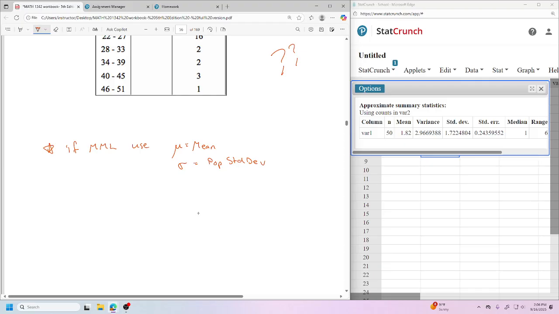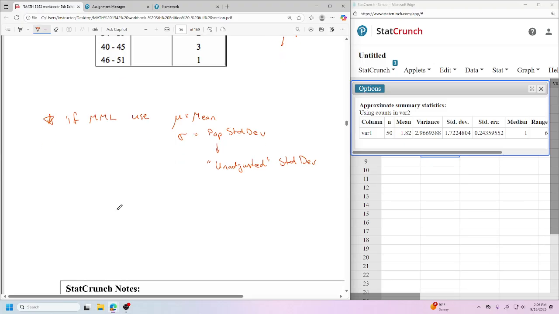We talked about how the population version needs to be the unadjusted. So if they use that little sigma, we have to use the unadjusted standard deviation in StatCrunch. That's just a little note. You'll see that on the homework for sure.